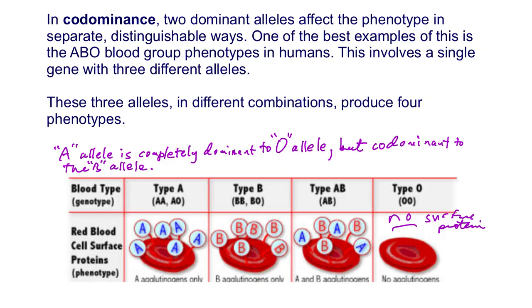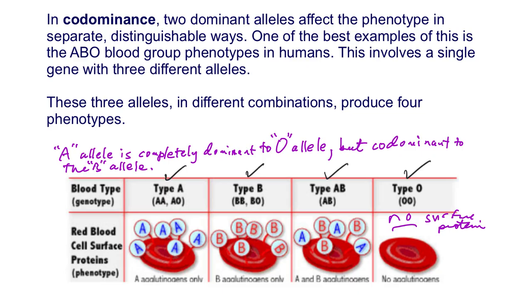Okay, codominance is like incomplete dominance. And blood types are an example. We've got four blood types: type A, type B, type AB, and type O. Your blood type has to do with the marker proteins on your red blood cells.